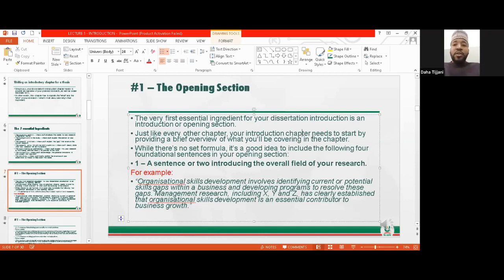While there is no particular formula, it is a good idea to have foundational sentences in your opening. So I will be using this example of one paper about skill development to give an example of the problem statement.